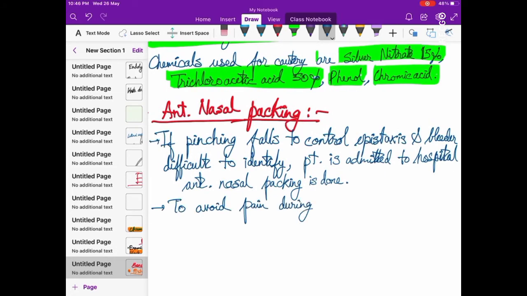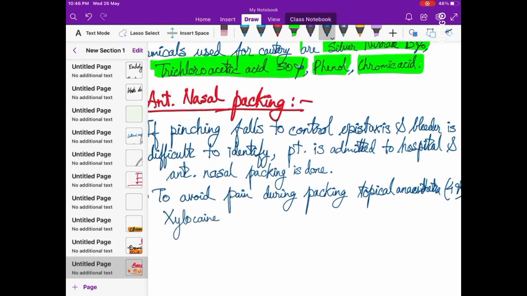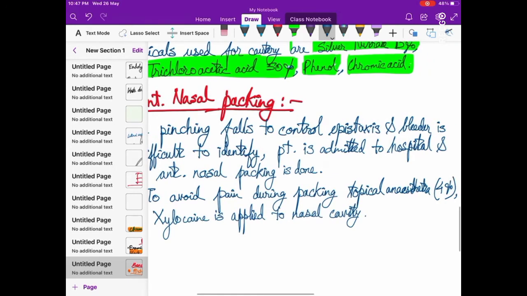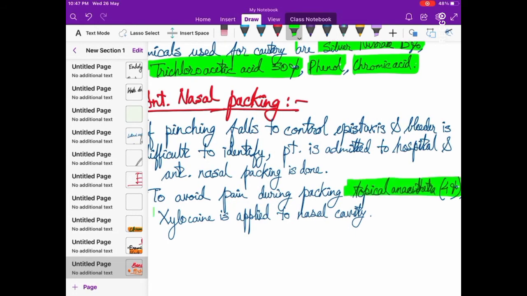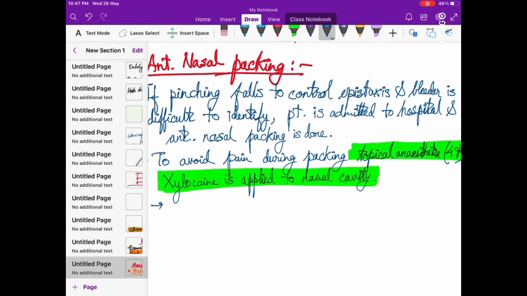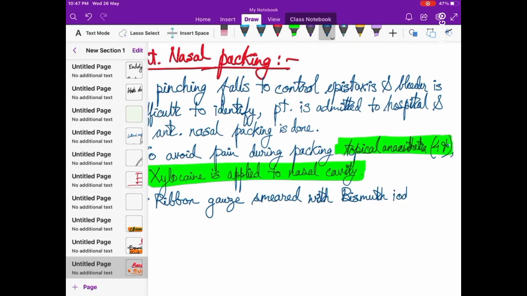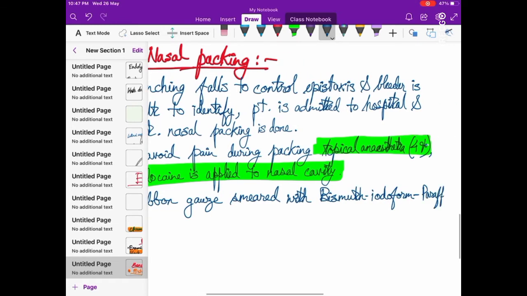To avoid pain during packing, topical anesthetic like 4% xylocaine is applied to nasal cavity. Ribbon gauze is smeared with bismuth iodoform.